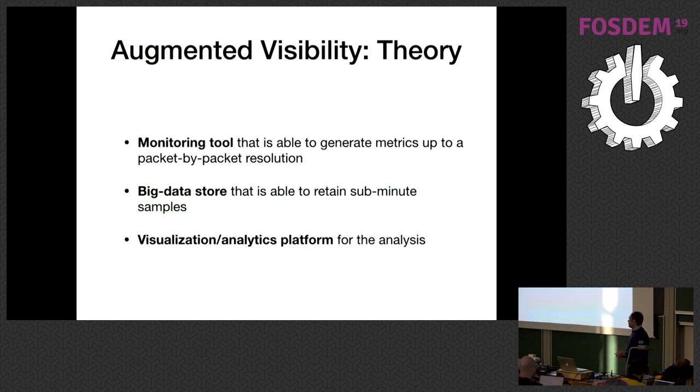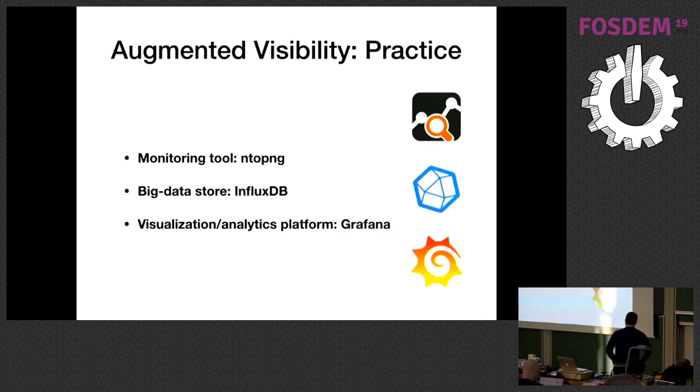And last but not least, we need a visualization tool that can show us the relevant behavior, that can allow us to do the drill down and to analyze and alert on our traffic. So the solution we have proposed is composed of 3 open source software: NtopNG for the monitoring, InfluxDB for the storage of data, and Grafana for the visualization.